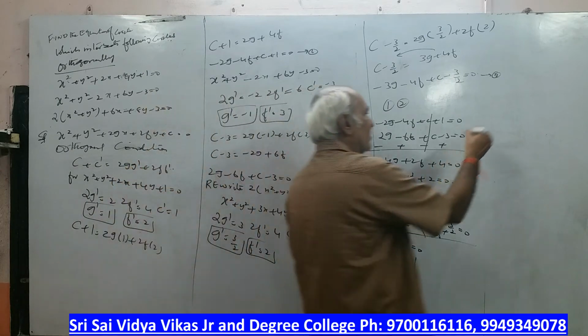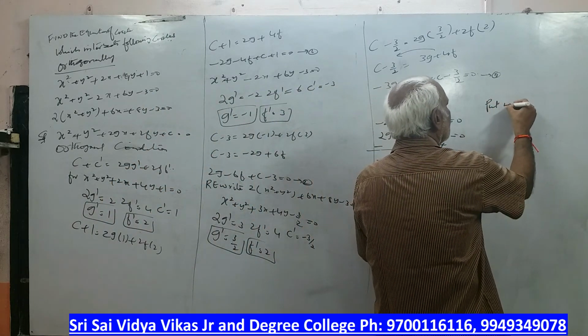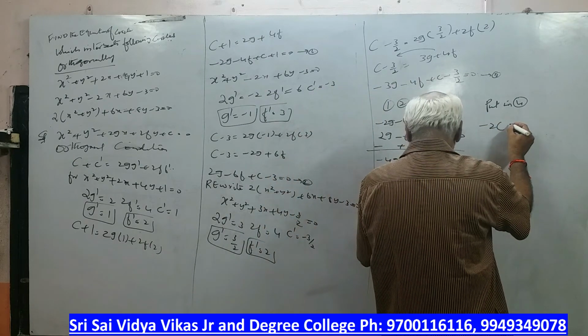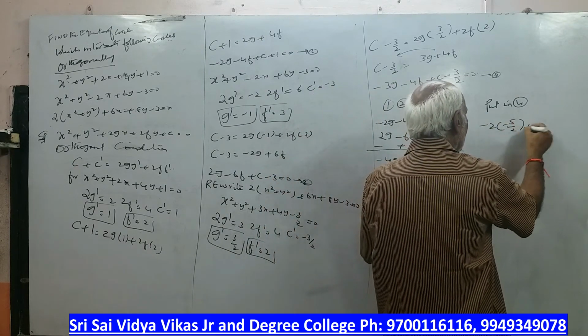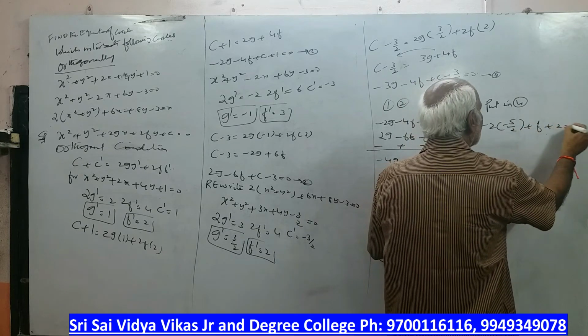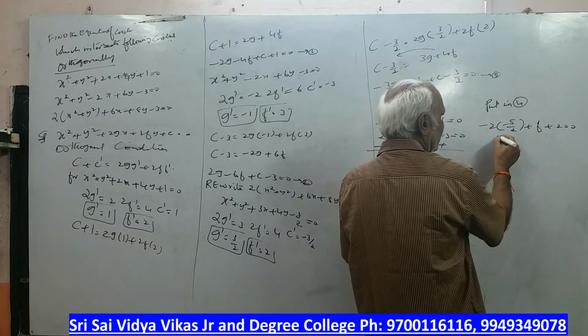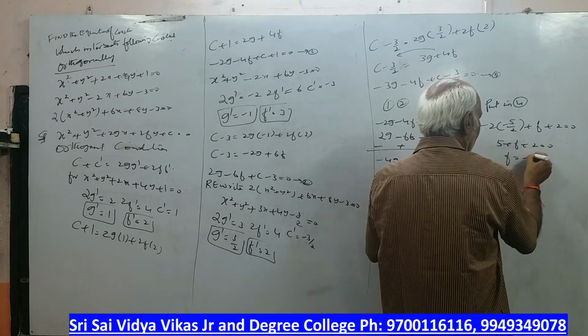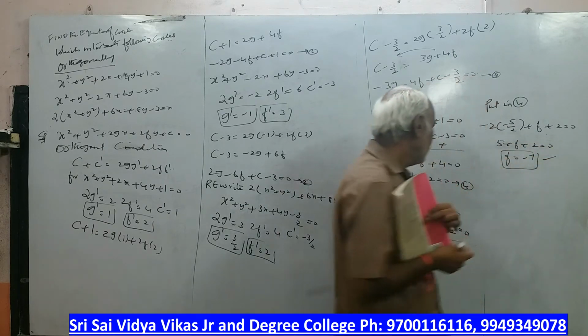So put it in the fourth equation directly. What we have to do? Put in the fourth equation. So minus 2 into g value, how much we got? Minus 5 by 2, plus f plus 2 is equal to 0. 2 and 2 will get cancelled. 5 plus f plus 2 is equal to 0. f is equal to minus 7. So what I have done?